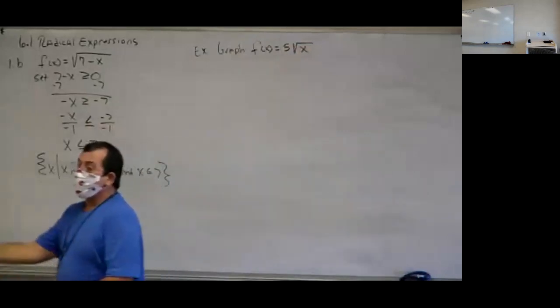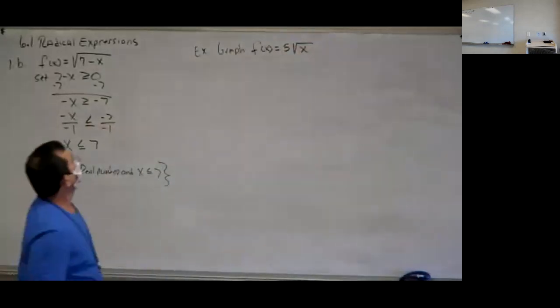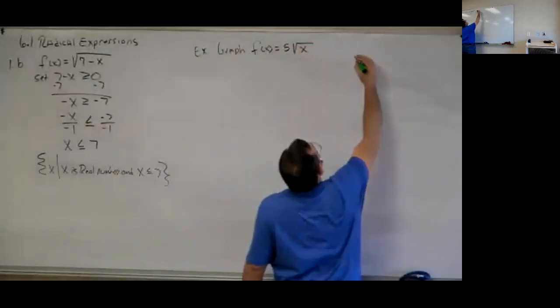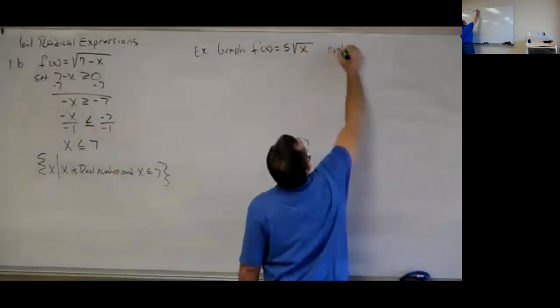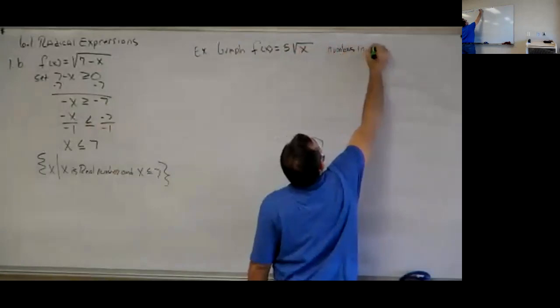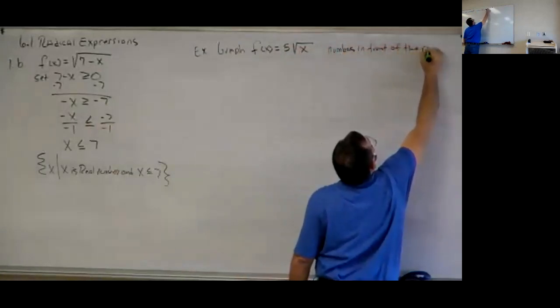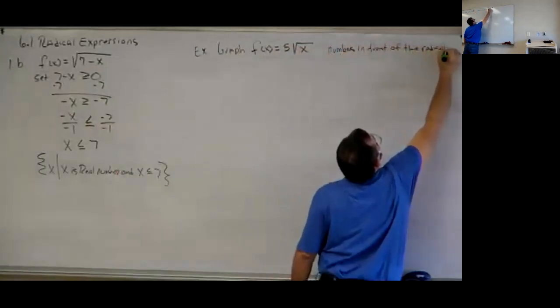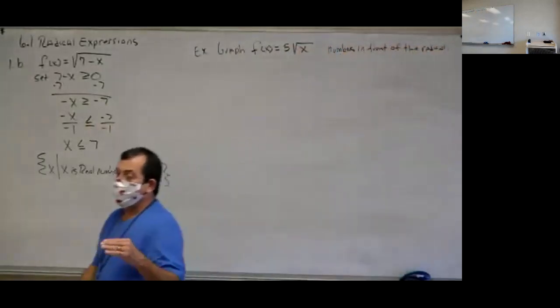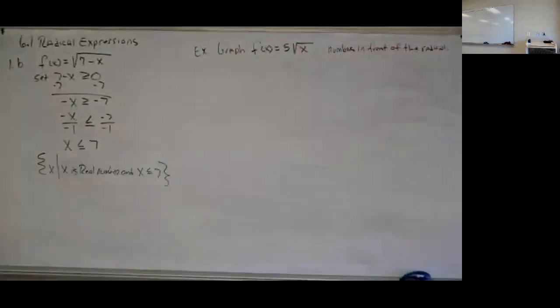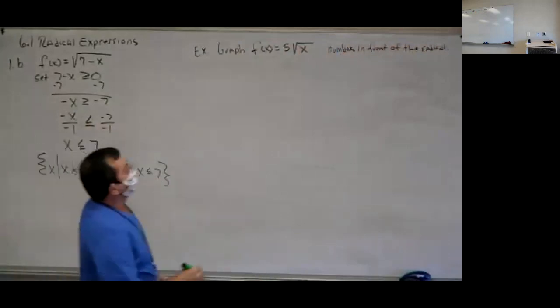So when they put a number in front of a radical, this is a move they didn't give us when we were moving the graphs around. Numbers in front of the radical.